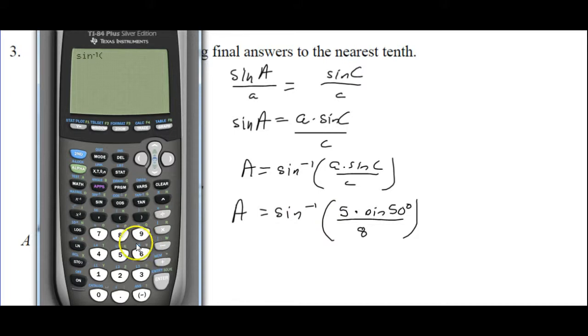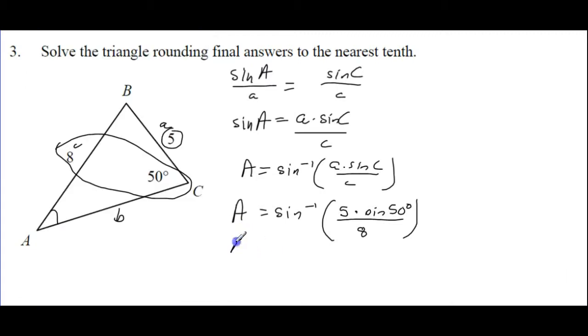Now we want to enter the bracket. So 5 times sine 50, close bracket. Okay, make sure you close the bracket there, right? Divided by 8, close bracket, enter. And this takes us directly to, so A is equal to, it says round all answers to the nearest tenth.